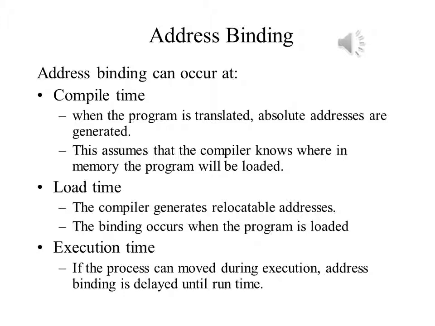We call such addresses relocatable, because the program can be relocated into another part of memory without making the addresses invalid. If the process is going to be moved from one memory segment to another during execution, setting the addresses has to be delayed until runtime.